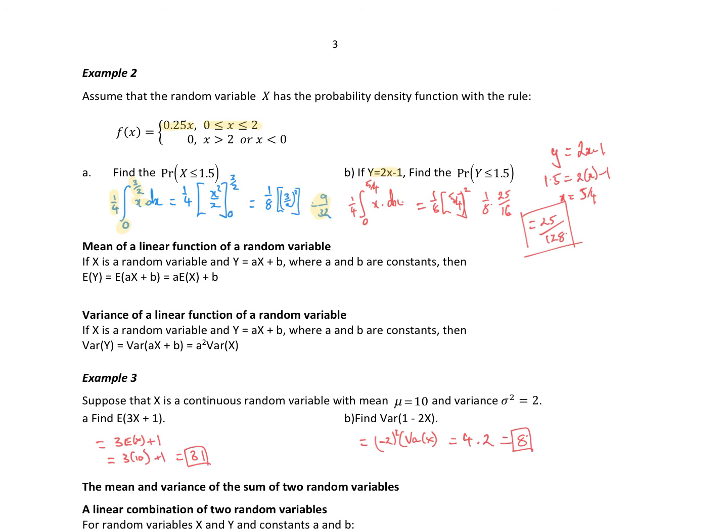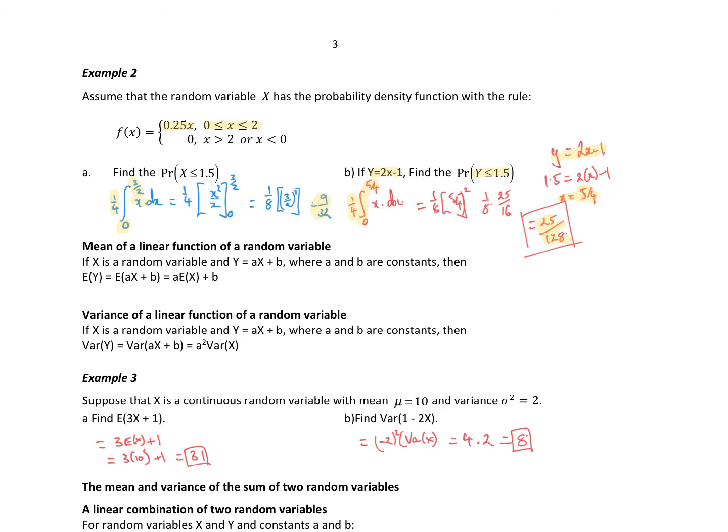Now, if y is equal to 2x minus 1, what's the probability that y is less than 1.5? All I'm looking to do is work out a corresponding x value. If y is less than 1.5, rearranging, that's the equivalent of saying x is less than 5 on 4. So the equivalent integral is exactly the same, but between 0 and 5 on 4, and if I work that out, I get 25 over 128.